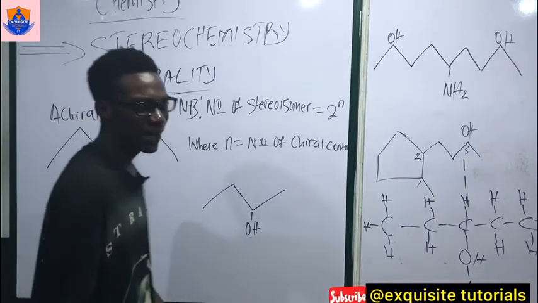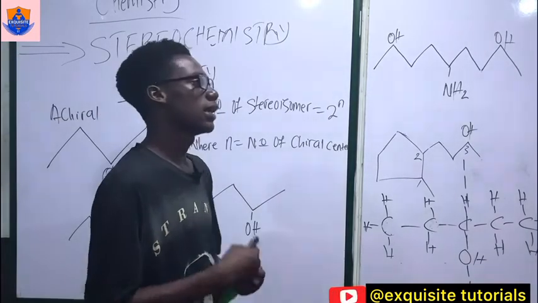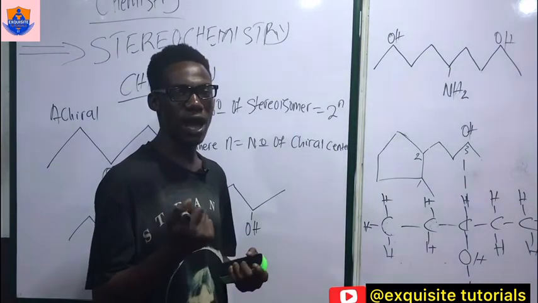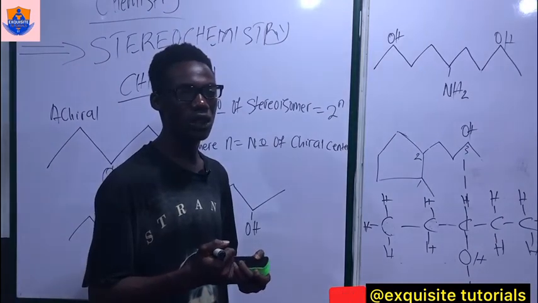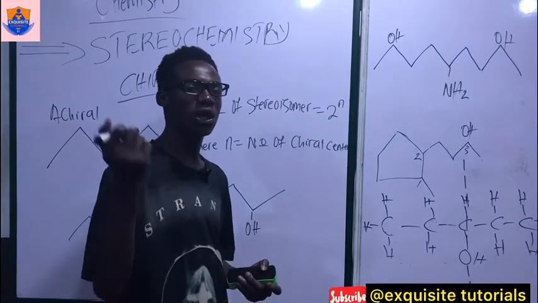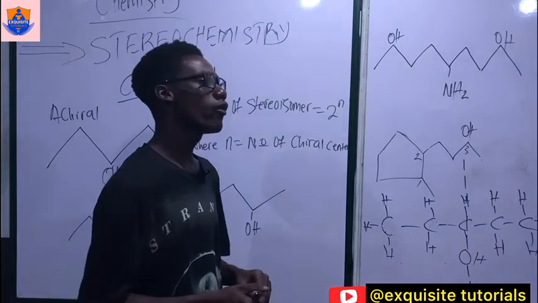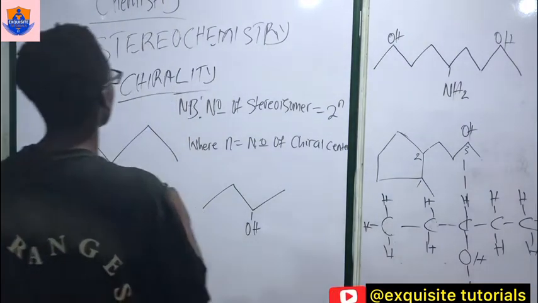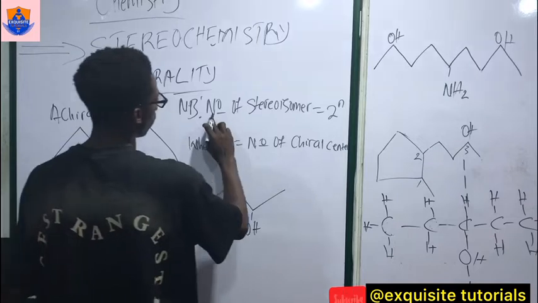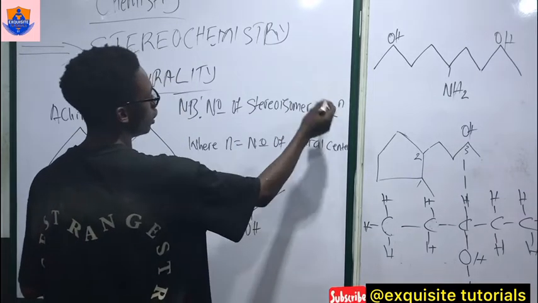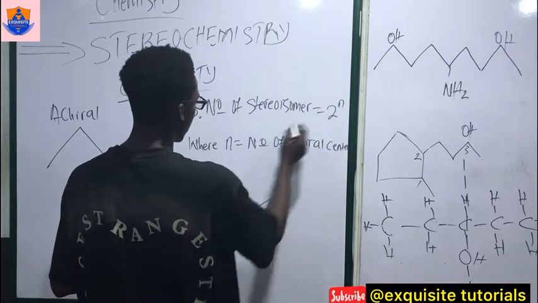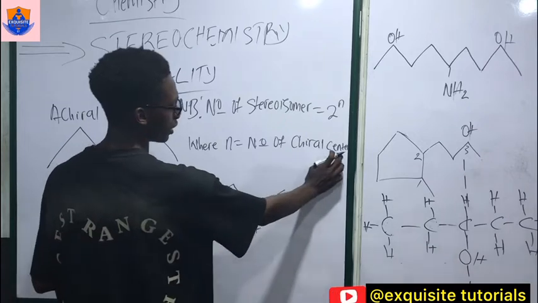So note that the number of stereoisomers is gotten from the number of chiral carbons in the compound. So this is our formula for the number of stereoisomers, 2 raised to the power n, where n is equal to the number of chiral centers.